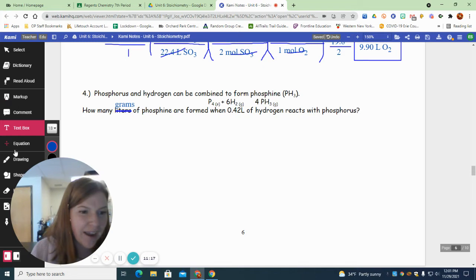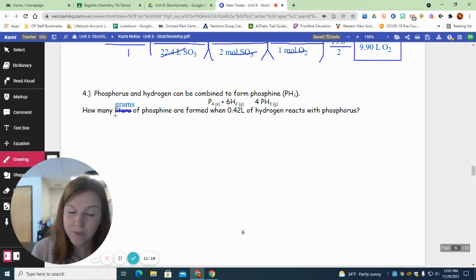So if this question asked how many grams of phosphine are formed when 0.42 liters of hydrogen reacts with phosphorus. I'm going to draw in my arrow here. And they tell me in this first sentence that phosphorus and hydrogen can be combined to form phosphine, PH3. So I'm solving for grams of phosphine, PH3. I know liters of hydrogen.